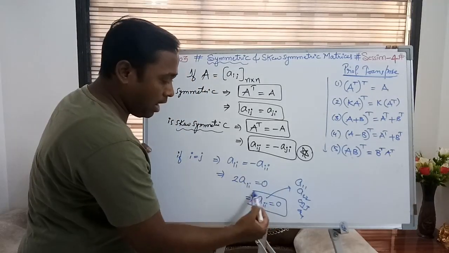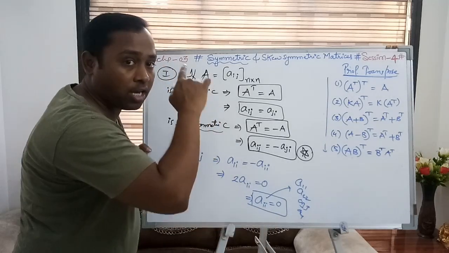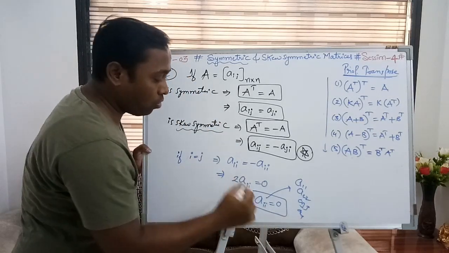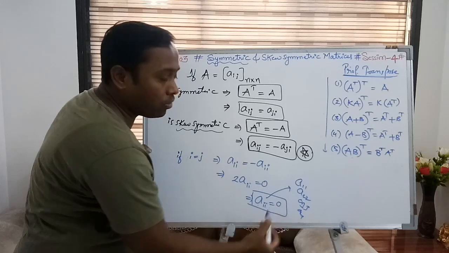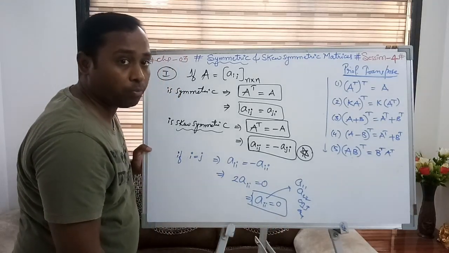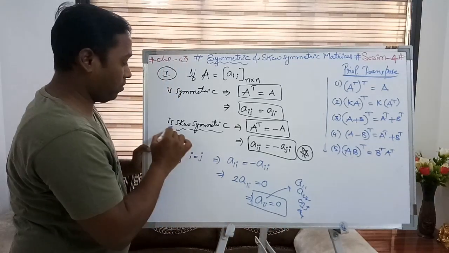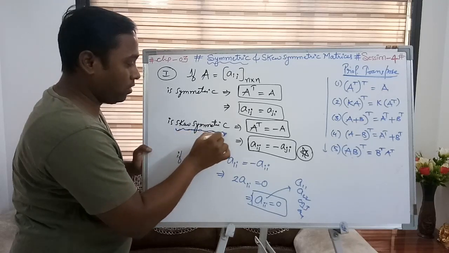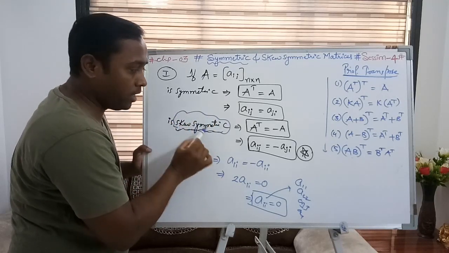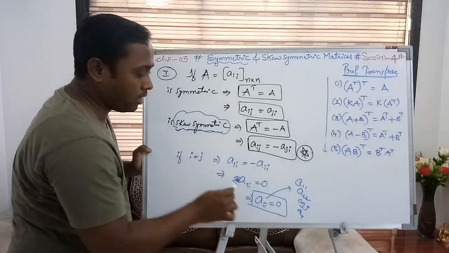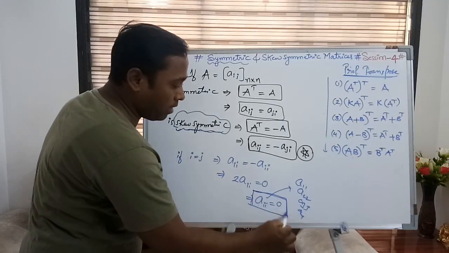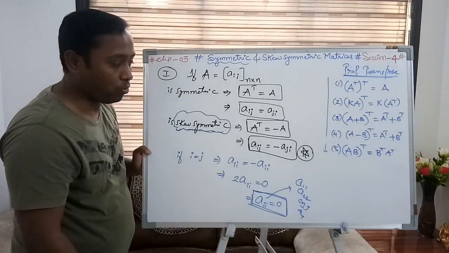It means Aii representing the diagonal elements. So all the diagonal elements will become 0. If the given square matrix is skew symmetric matrix, then all its diagonal elements will be 0.